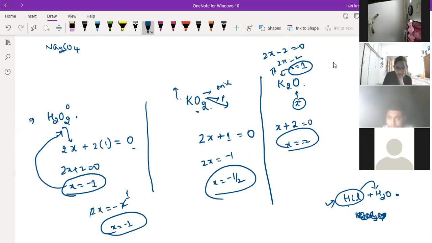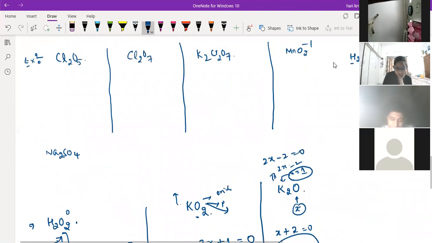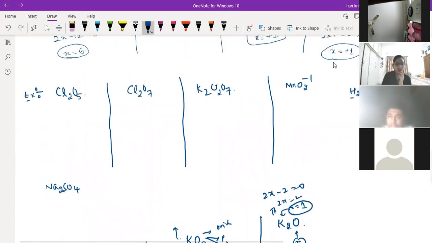Okay, sir. Everybody got the answers for this? Yes, sir. Sir, in this question, Cl2O5, if we find out for oxygen, it's showing X equal to 2/5. If you solve for the oxygen, it will show 2/5 only. So what is that oxidation number?